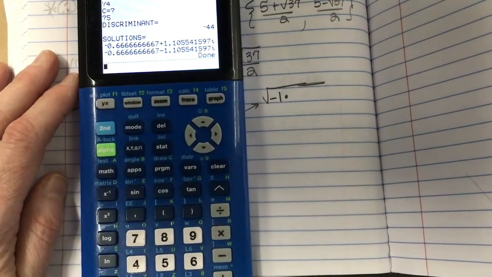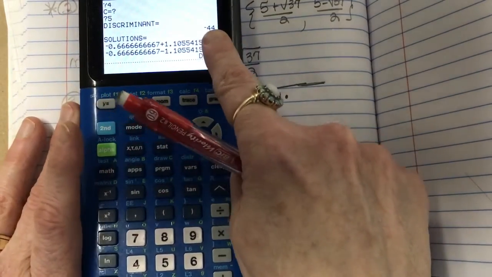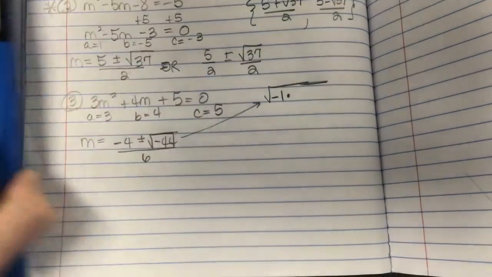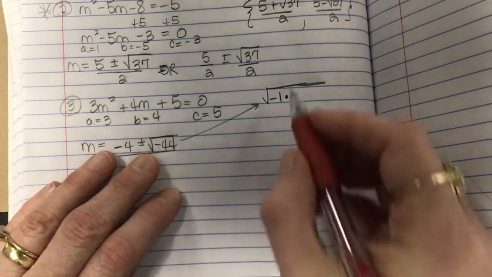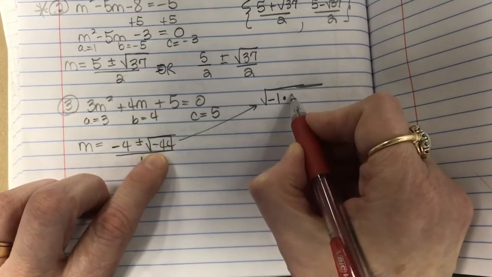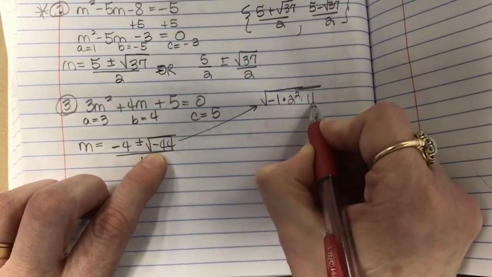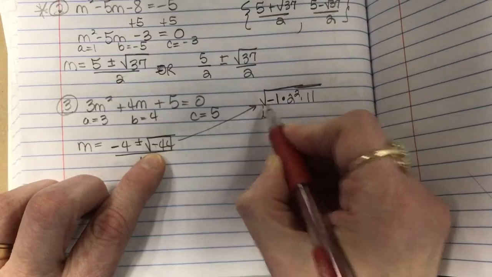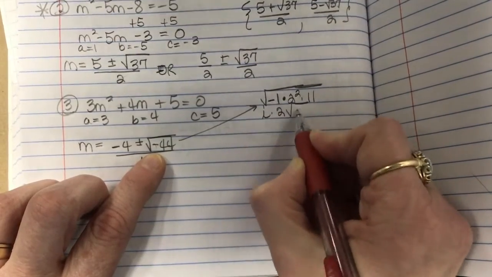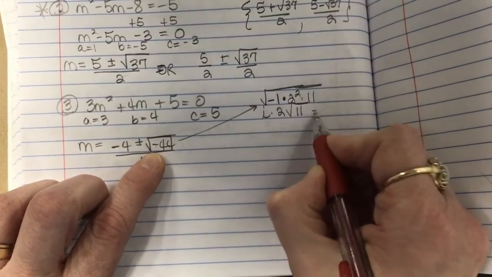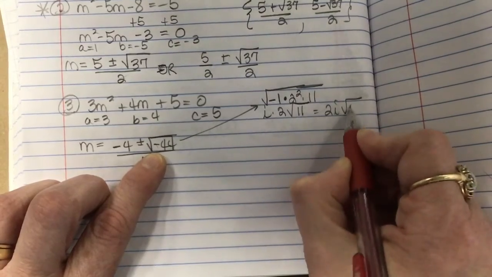It didn't show the I, but stating the discriminant lets you know that it was imaginary. That makes sense? Okay, so negative 1 times 2 squared times 11. So I comes out, 2 comes out. So we're going to rewrite this as 2i square root of 11.